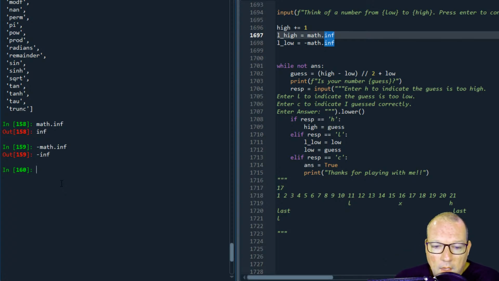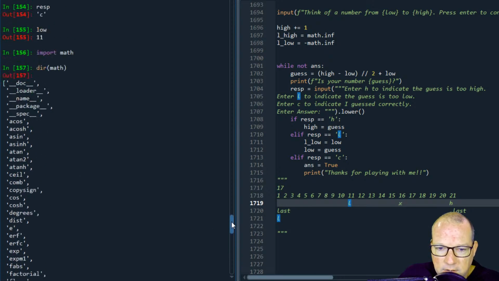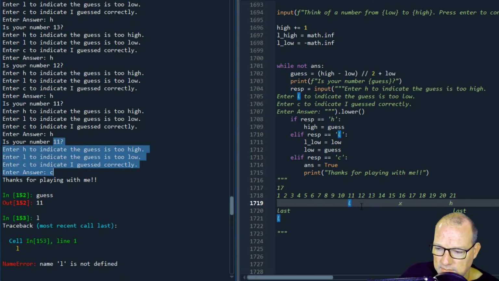Let's see. Okay, so in this example, if the person is saying that it is too high, is that our use case? So I was saying the answer is too high, and the guess is 11, or our new low. It just does nothing.